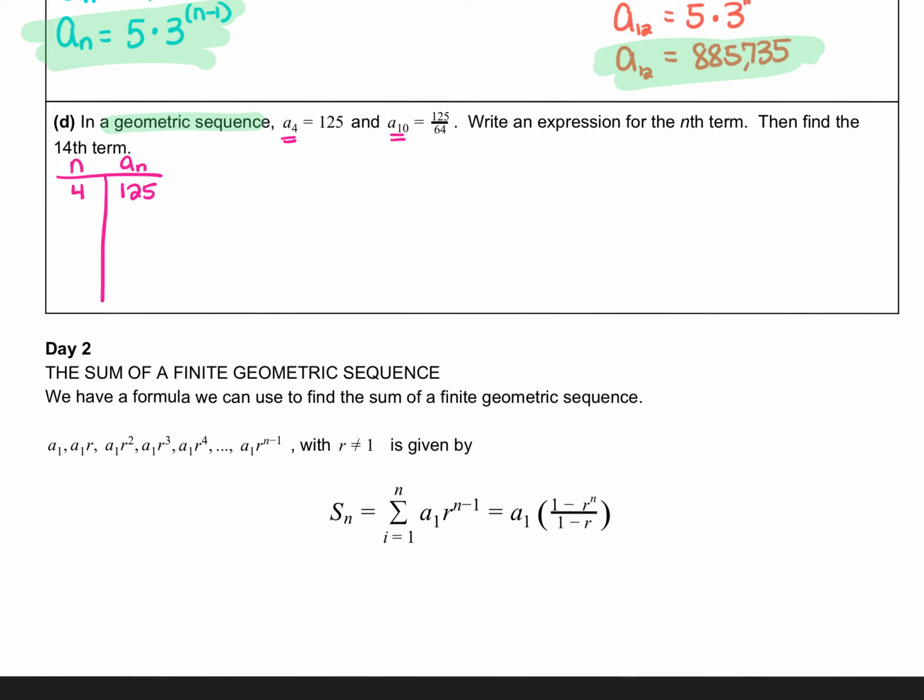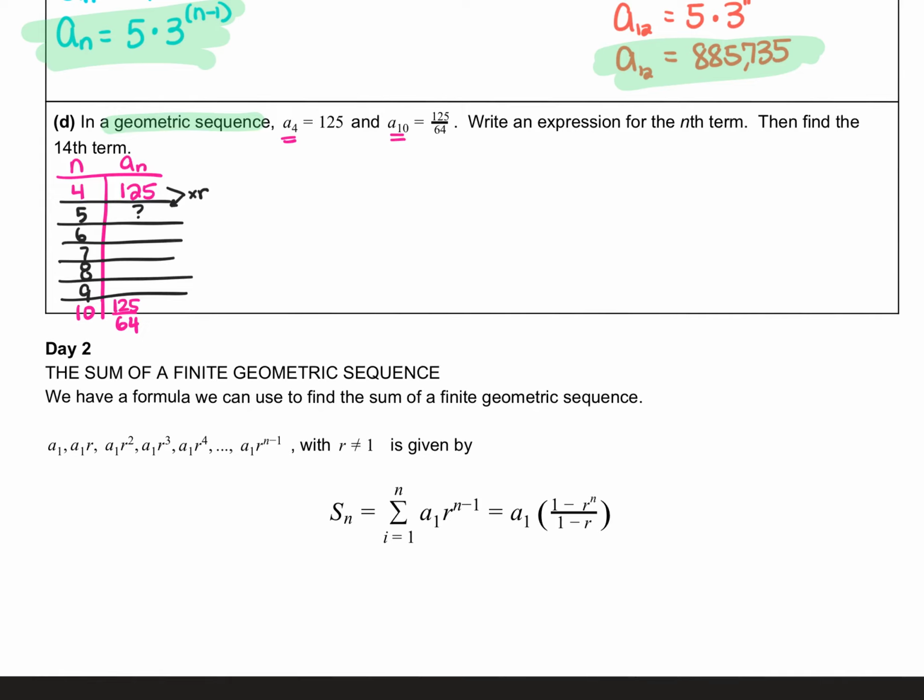We'll write in the ones we don't know here in black: 5, 6, 7, 8, 9, all the way down to our 10th term, which we know is 125 over 64. What I know is this, guys. If I take my 4th term and multiply by some common ratio, r, I'm going to get the 5th term.